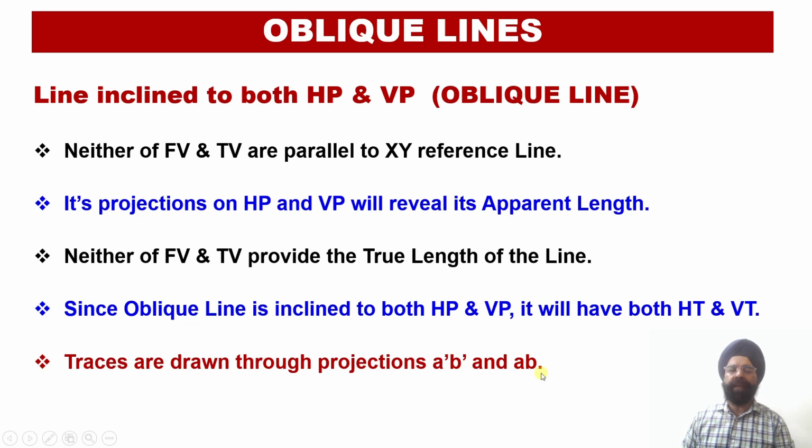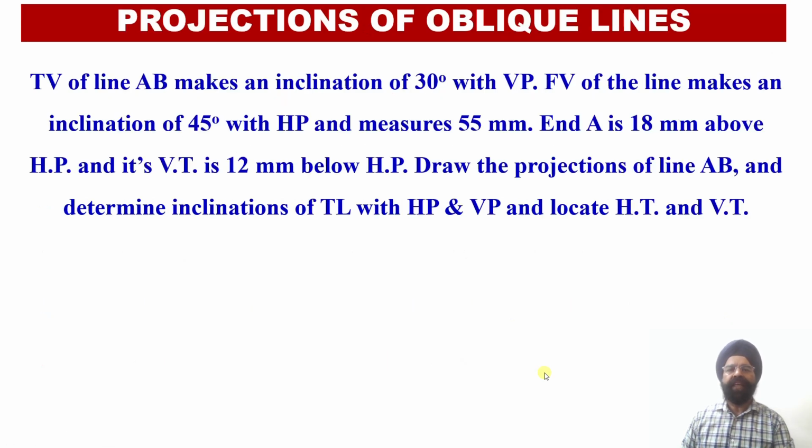We should not make a mistake, that is, never obtain the traces of the line through the true length of a line. We have to obtain the traces through the projections of the line A dash B dash and AB. So let us start with the problem that we are going to discuss today.